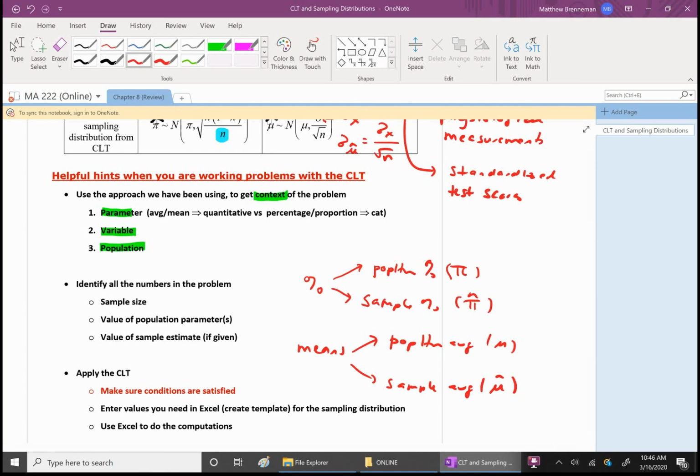On the other hand, when we're dealing with population parameters, these are basically stated as given. Okay, so there should be no language suggesting this comes from a sample, and these are just stated as given. So if something is stated as a fact, it's generally going to be a population parameter. All right.